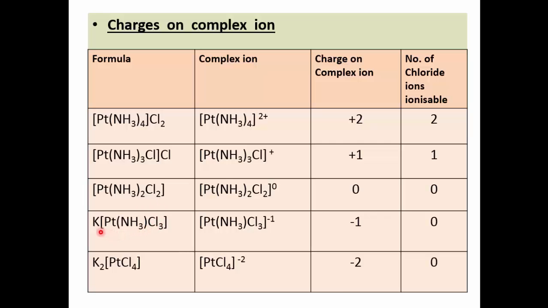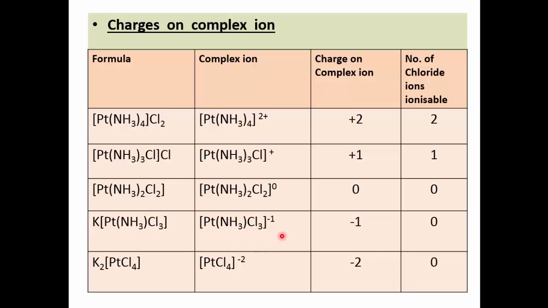Next one, now see potassium ion is present before the square bracket and to this platinum 1 ammonia and 3 chloride ions are attached. Therefore platinum plus 2 charge, ammonia 0, minus 3 from these 3 chloride ions, and hence on this square bracket there is minus 1 charge which is neutralized by the plus 1 charge of this potassium.